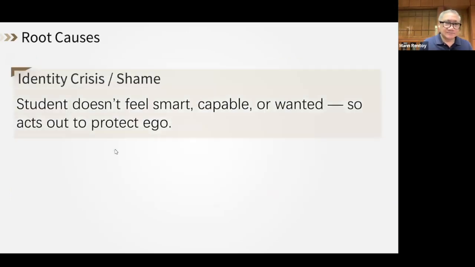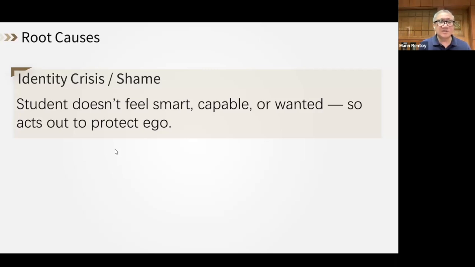Here's another one: identity crisis or shame. There are students who really know that they are not as smart as their classmates, not as capable as their other classmates, or even not as wanted as their other classmates.